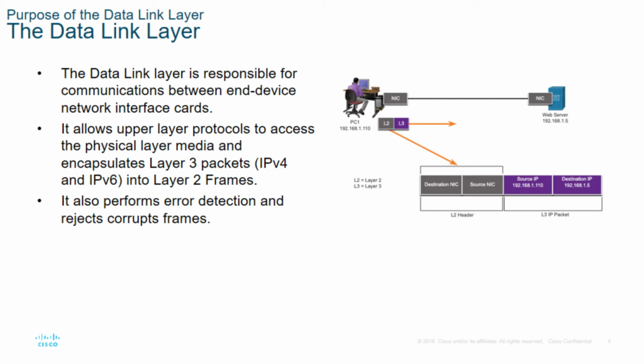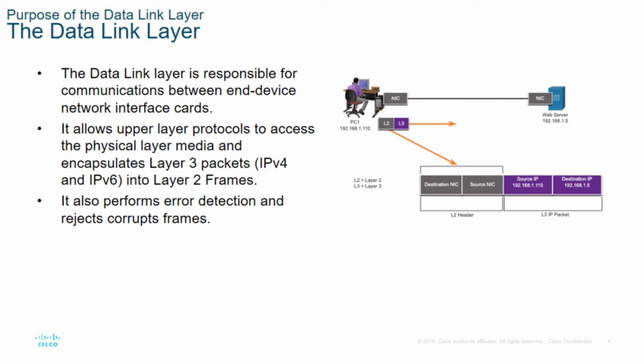The data link layer does the following. Number one, it enables the upper layers to access the media, and the upper layer protocol is completely unaware of the type of media used to forward the data. Number two, it accepts data, usually layer 3 packets, meaning IPv6 and IPv4, and encapsulates them into layer 2 frames.